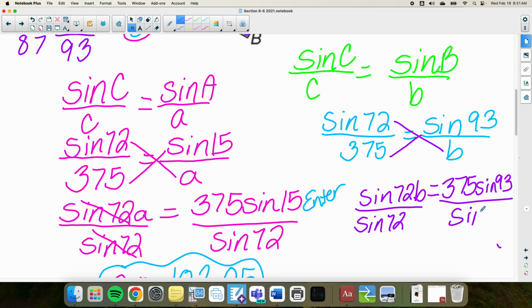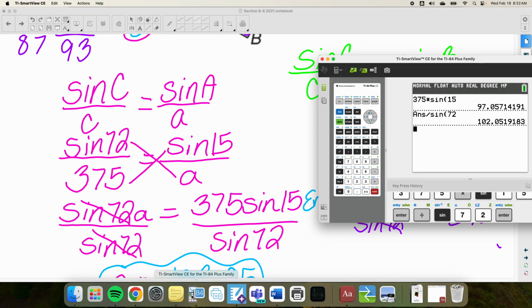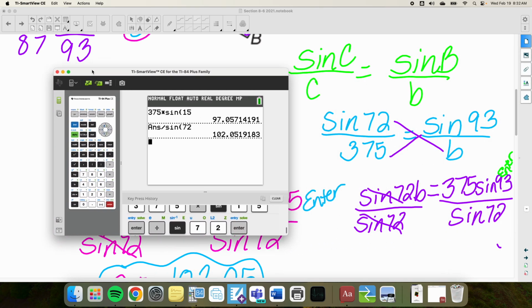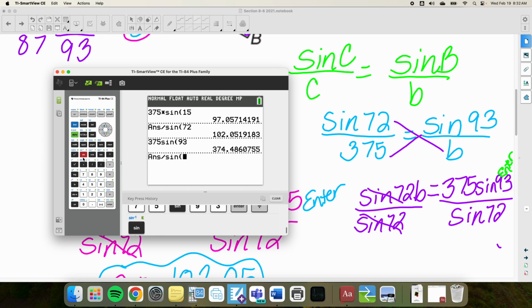Now, when I do this, I have to hit enter right after the 93. Don't forget that. Okay. So if we get our calculators, we have 375 sine of 93, enter, and then we're gonna divide sine 72, enter.